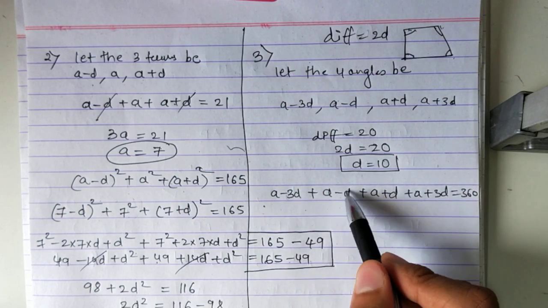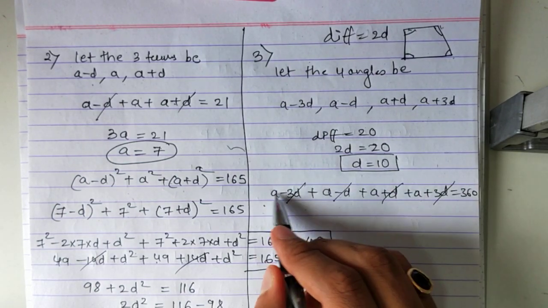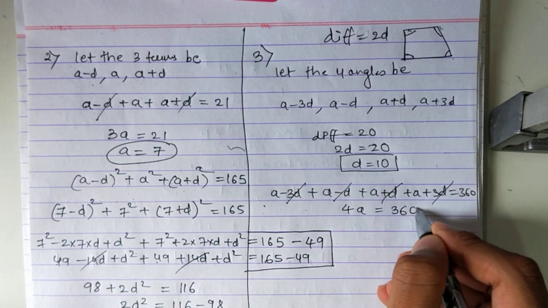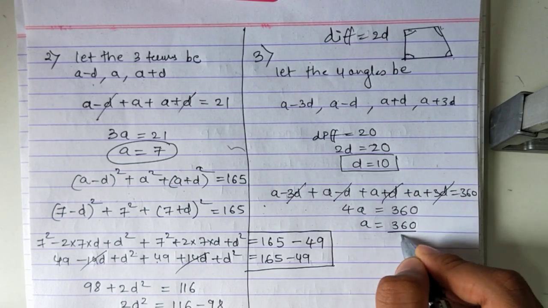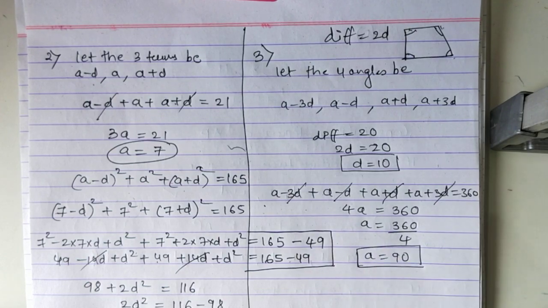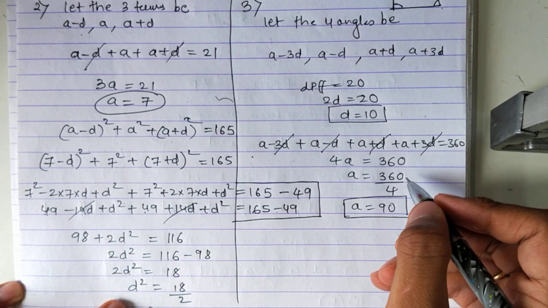Now minus d plus d will get cancelled, minus 3d plus 3d will get cancelled. A plus a plus a plus a will give me 4a is equal to 360. Therefore a is 360 upon 4, that is 90. A is 90 and d is 10.